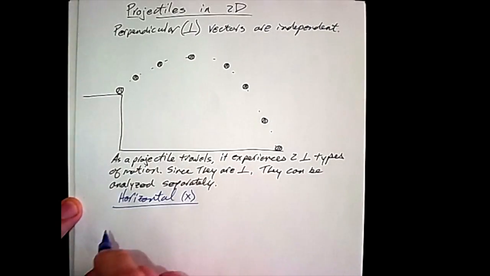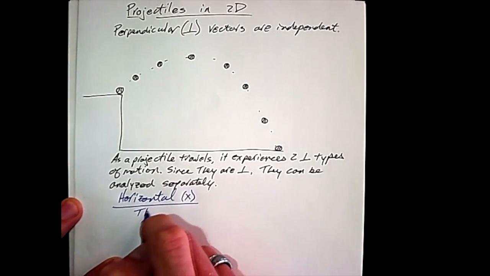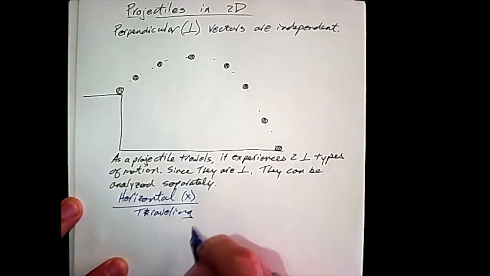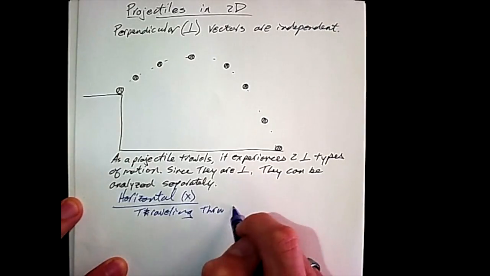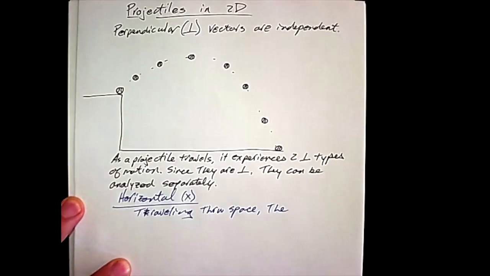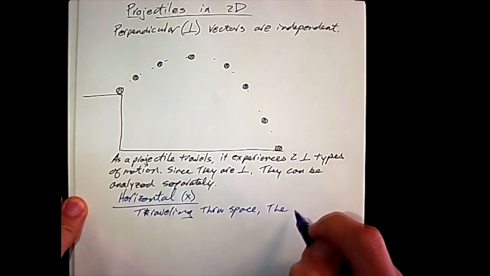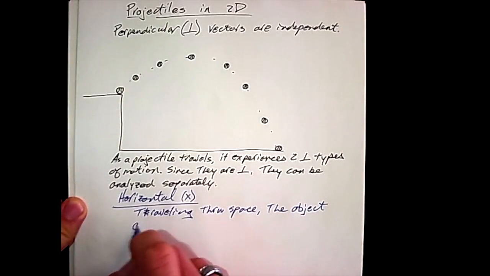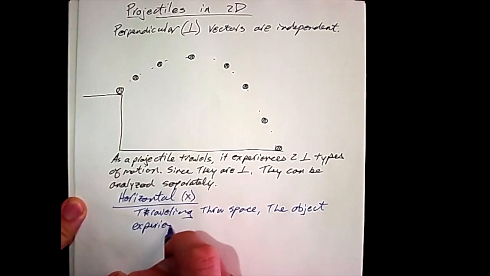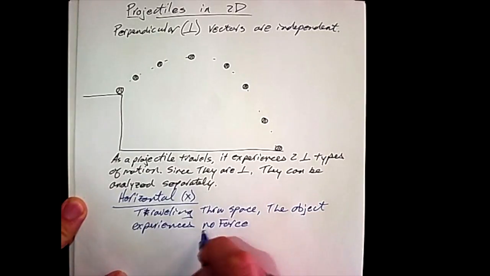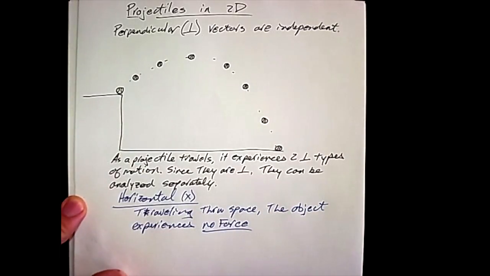In the horizontal direction, traveling through space, the object experiences no force. As in no push or pull that could affect it in any way.